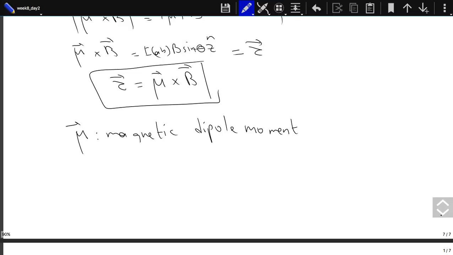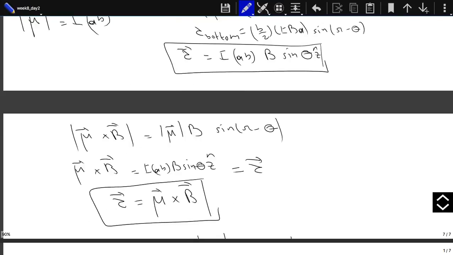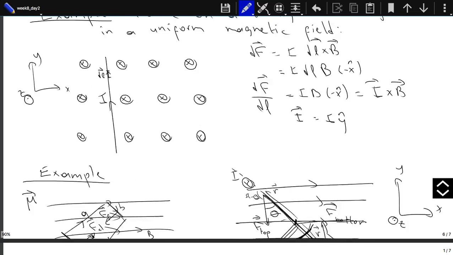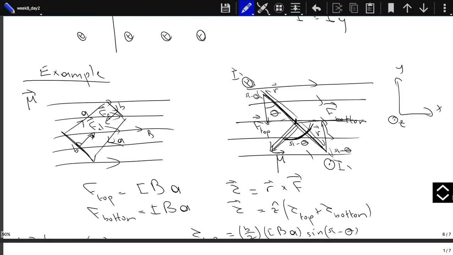So there will be a torque acting on this magnetic dipole moment, but there will also be a force acting on it. You see, now we said that the force acting on this magnetic dipole is zero because the force acting on the top cancels the force acting on the bottom, and the forces acting on the sides cancel each other. Well, this cancellation happens only if the magnetic field at this edge is equal to the magnetic field at the other edge.